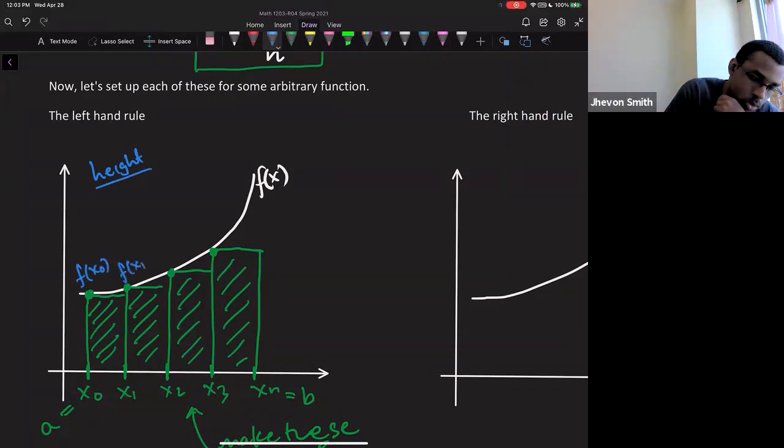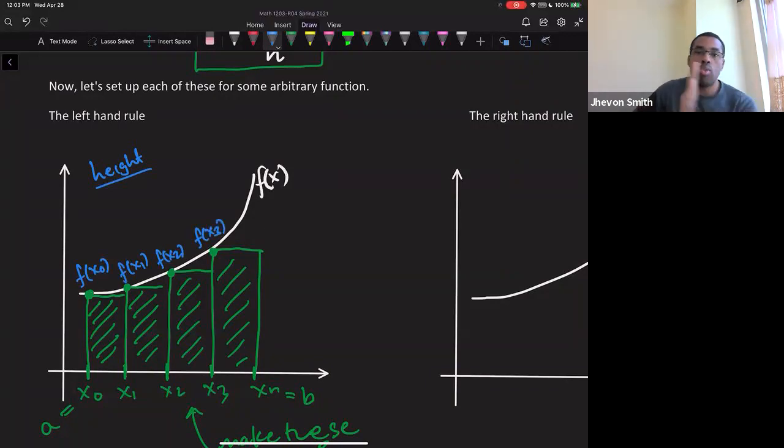Here it's going to be f of x1, here f of x2, here f of x3. Notice that if we pick the left, the rightmost point, f of xn, is not included because it's on the right side, but all the left sides are included. I'm going to evaluate the function at all the left endpoints. That's why it's called the left-hand rule, or the left-hand approximation sometimes.